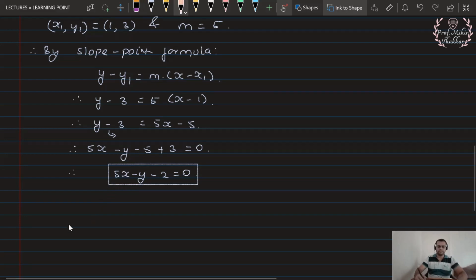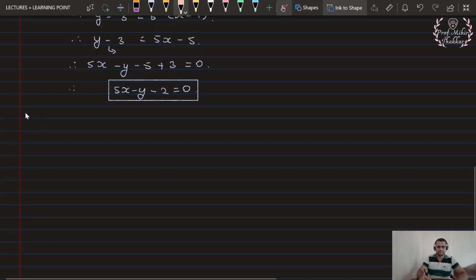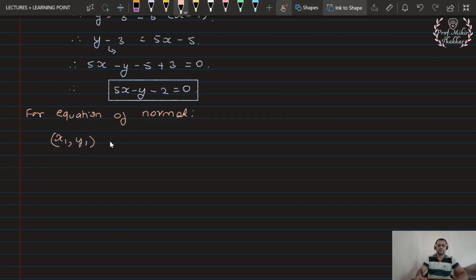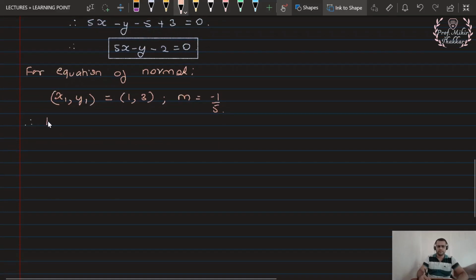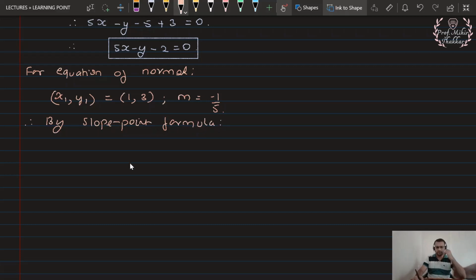Now let us apply the same procedure for the equation of normal. For equation of normal, again (x1, y1) will remain the same, (1, 3), but m will become negative 1 by 5. Once again we will use the same slope point formula.